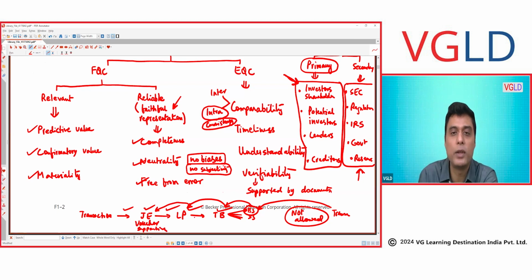The supporting documents. That means if the company has sold something, there will be the invoice, there will be the shipping document, right? And then of course, it's called a complete voucher package, right?